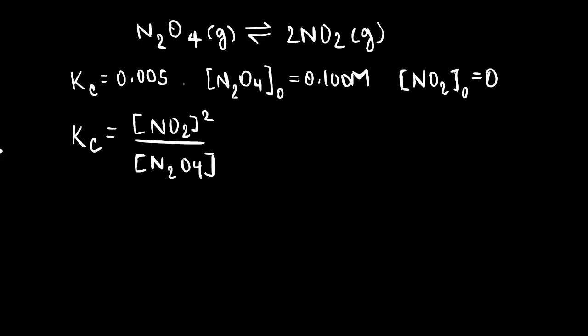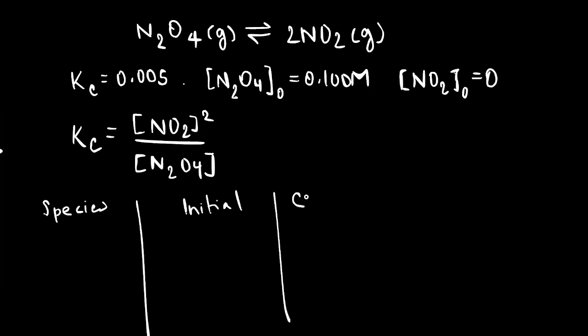Now we're at the step where we actually have to use our ice table. So in order to set up an ice table, let's say we have what our species is. So our species, and then what we'll have is our I, so our initial, our change, and an equilibrium.